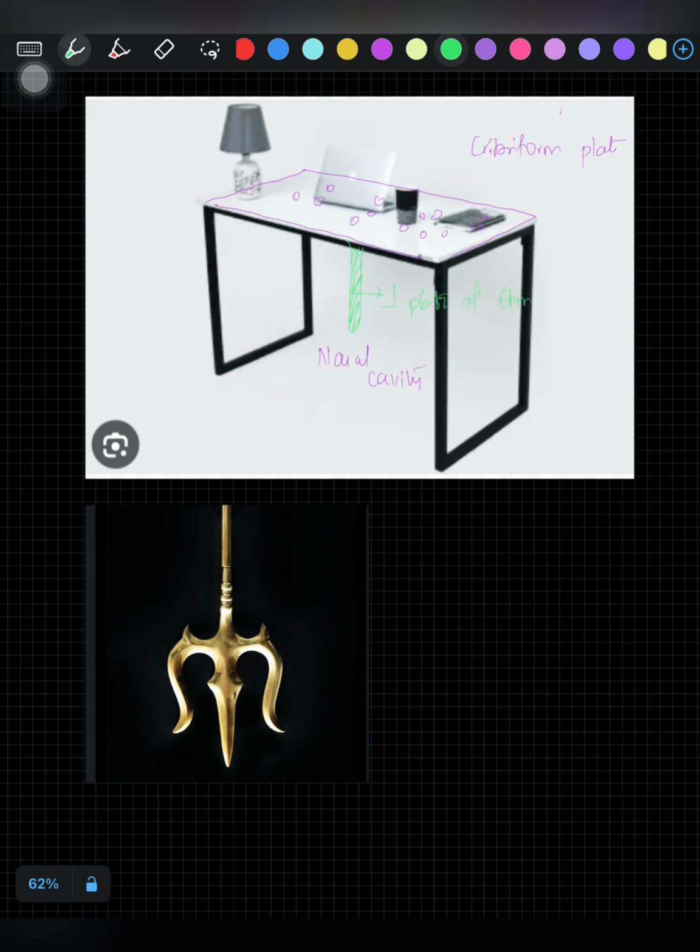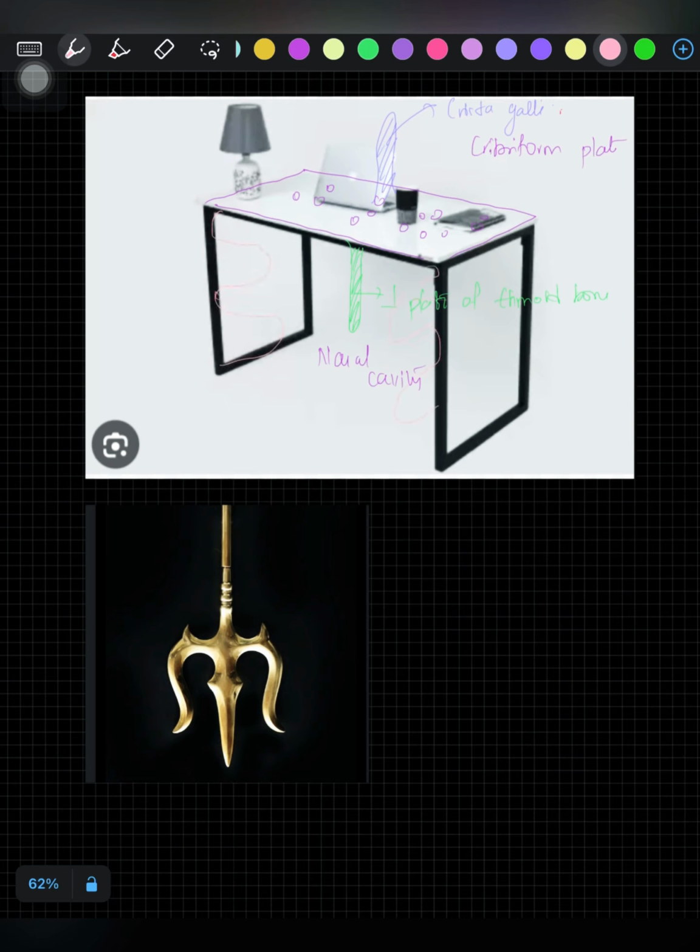Over top of the table, that is your cribriform plate, you have a projection that goes up and that is known as crista galli, and it is usually towards the posterior end of the table, not the anterior end. From the legs of your table, that is the lateral side of your nasal cavity, there are projections inside. These projections are the superior nasal concha and middle nasal concha.